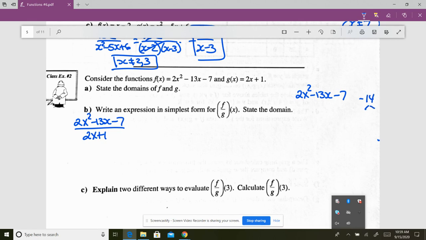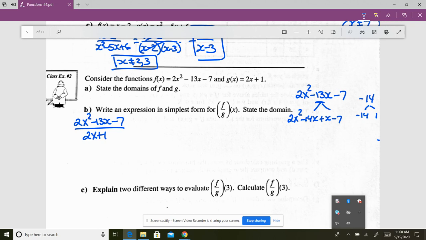And you go, okay, what multiplies to negative 14 and adds to this middle term, which is negative 13? It'd be negative 14 and 1. So the middle term splits up into negative 14x plus x. So that still adds to negative 13.